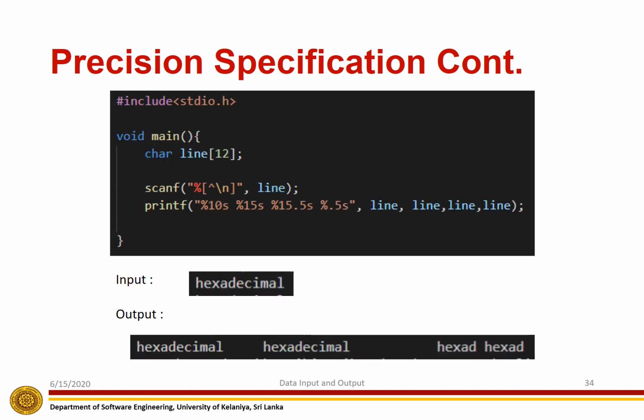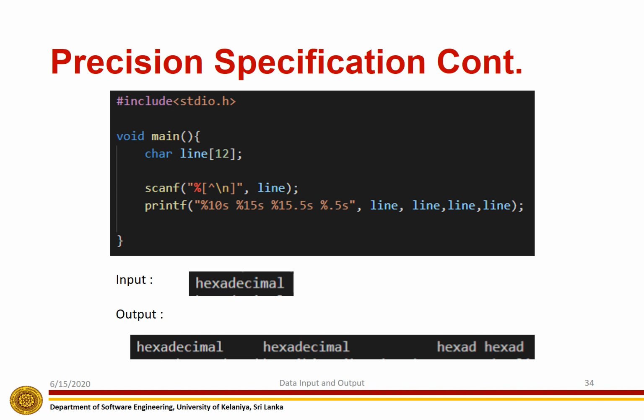Minimum field width and precision specification can be applied to character data as well as numerical data. It is applied in the same manner in both. The precision specification will determine the maximum number of characters that can be displayed.